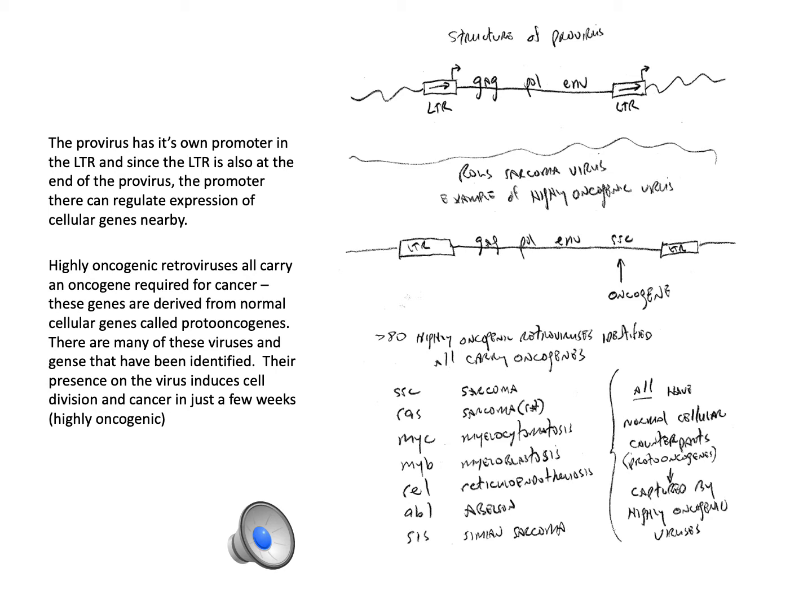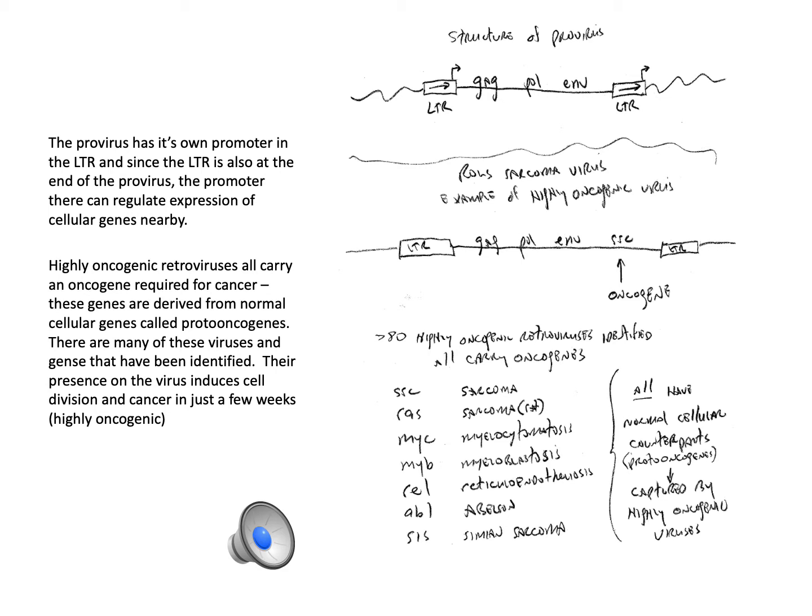Within the LTR are all of the DNA sequences that are required for transcription. There's the TATA box, and then there are other DNA sequences that allow various proteins to bind, which would activate transcription. And then the arrow represents the transcription start site.